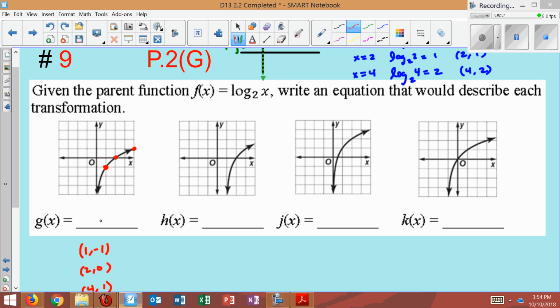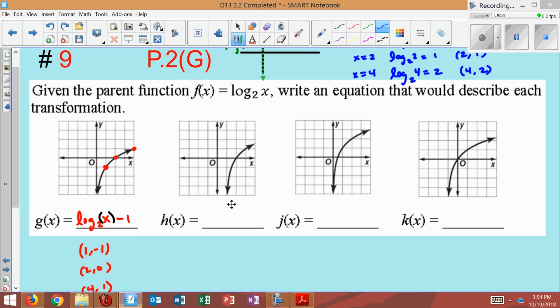So this is equal to f of x with 1 subtracted on the outside, or you could write it like this, log base 2 of x, and then have the minus 1 out here. Make sure that this x is alone on the inside, and the minus 1 is on the outside. So you could write it either of these two ways.